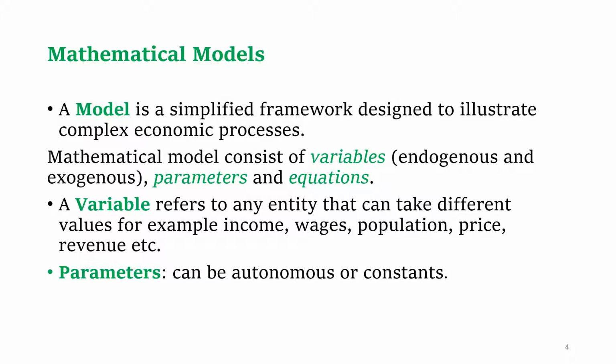Now, A and B are just parameters, and the parameters can either be autonomous or they can be constant. And we also have variables. Now, for the demand model, which is QD equals A plus BPD, the P and the QD are all variables. So a variable refers to any entity that can take different values.